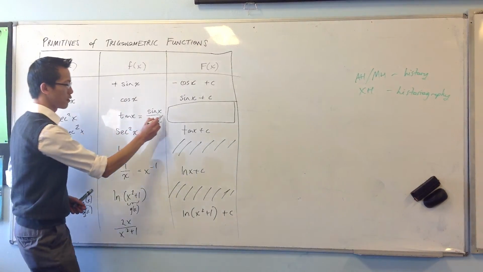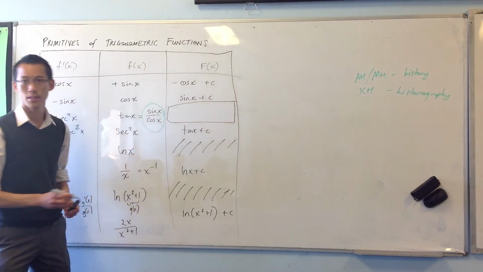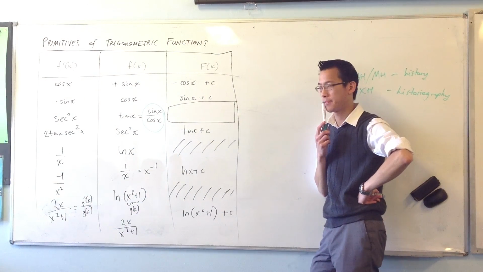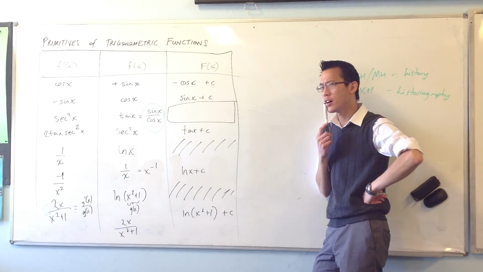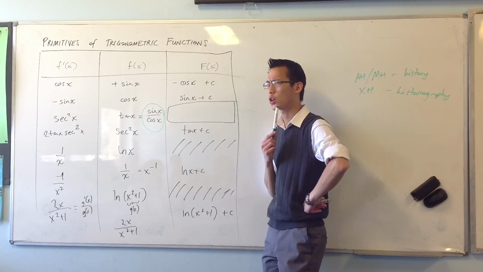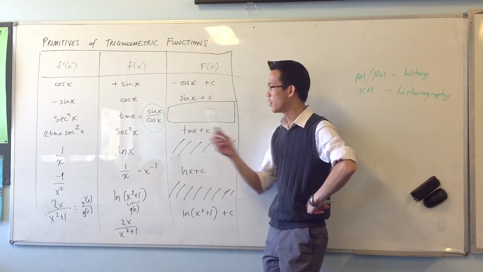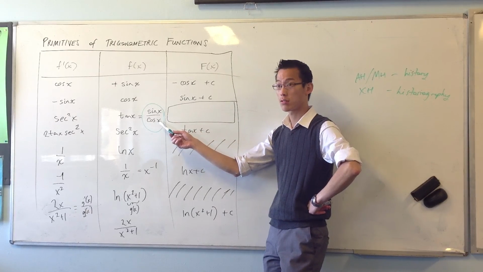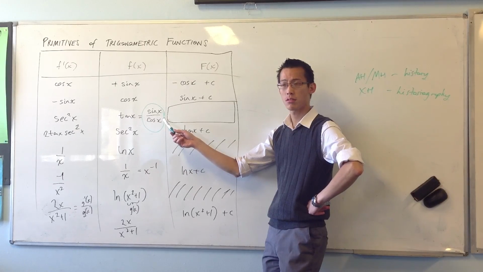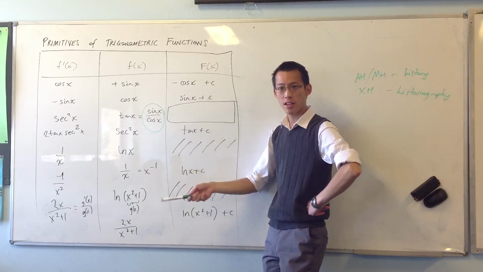And you look at this. Now, it's not f dash on f, is it? Not quite, anyway. Because sine is not the derivative of cos, is it? That's pretty close, right? What is the derivative of cos? It's negative sine, right?